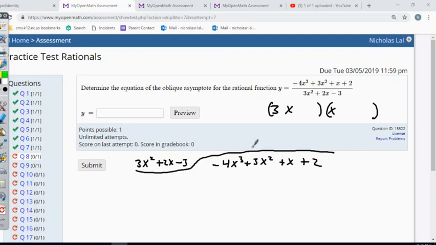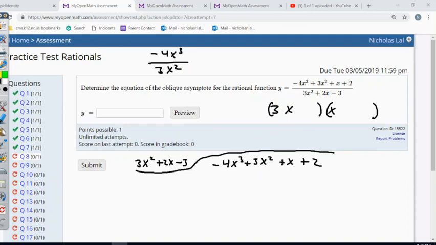What I'm going to do is 1/4 x. So 4x, negative 4x cubed over 3x squared.